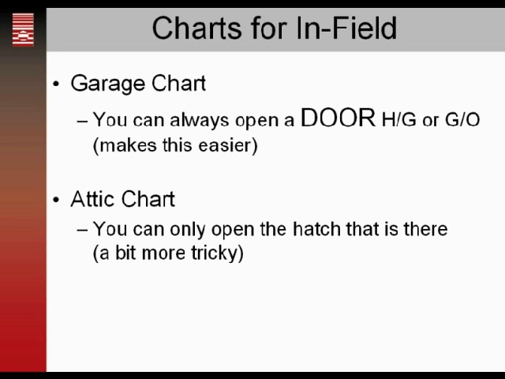This is a pretty easy test to do, as you'll see. And you'll open the door that has the highest pressure across it. Most of the time that will be the door between the house and the garage. But you might run across some townhomes where it's a fairly tight garage where you'll need to open the garage to outside door, because that will have the highest pressure across it.